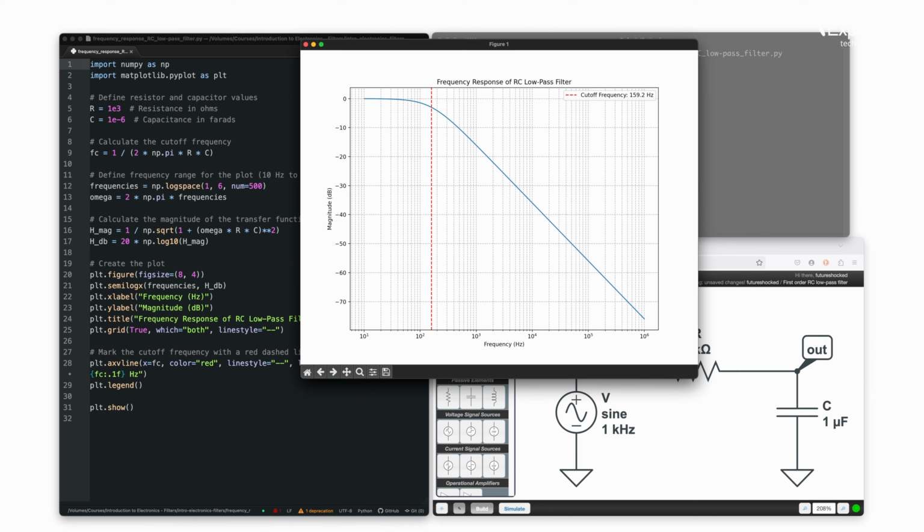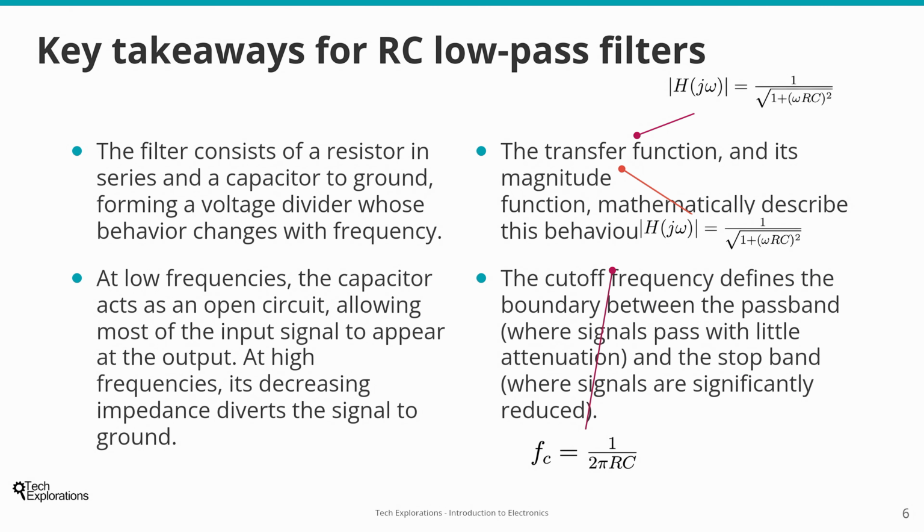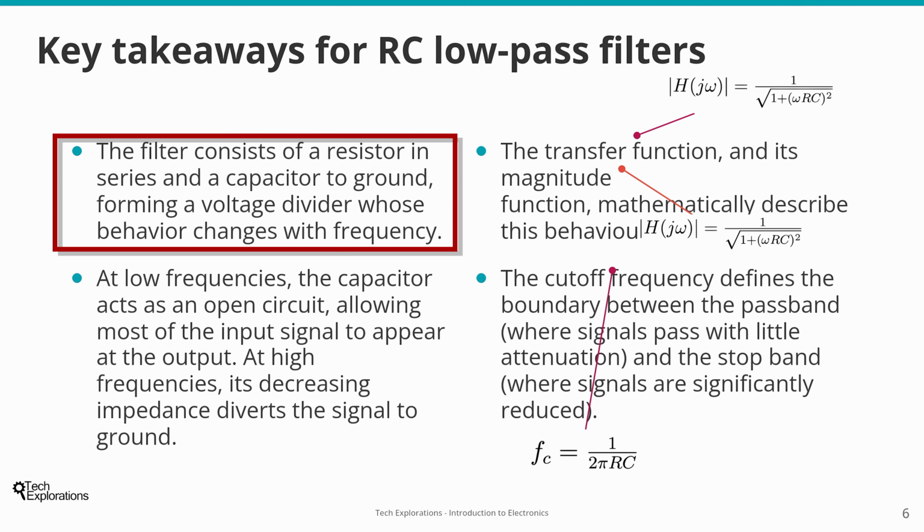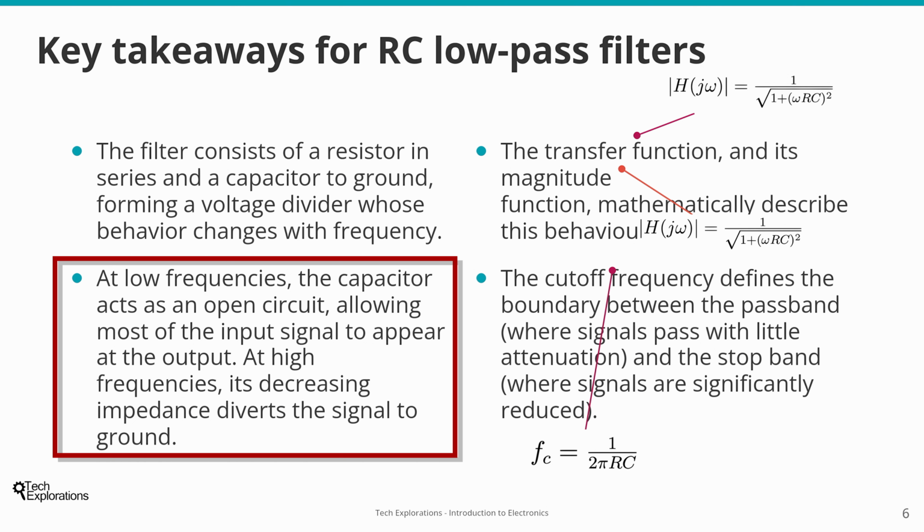response of the filter. In summary, the RC low-pass filter is a foundational circuit that illustrates several core concepts in signal processing. The filter consists of a resistor in series and a capacitor to ground, forming a voltage divider whose behavior changes with frequency. At low frequencies, the capacitor acts as an open circuit, allowing most of the input signal to appear at the output.